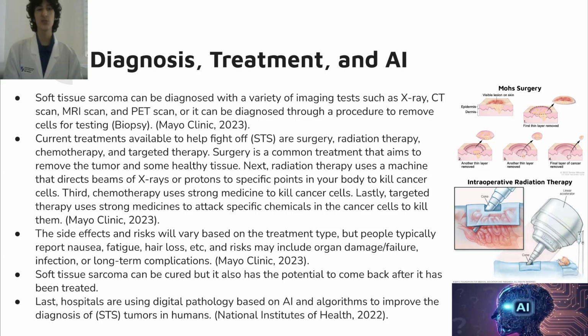The side effects and risks will vary based on the treatment type, but people typically report nausea, fatigue, hair loss, etc., and risks may include organ damage or failure, infection, or long-term complications. Although soft tissue sarcoma can be cured, it also has the potential to come back after it has been treated. Lastly, hospitals are using digital pathology based on AI and algorithms to improve diagnosis of STS tumors in humans.